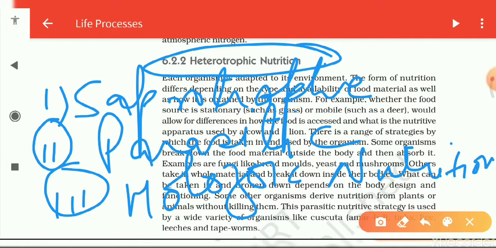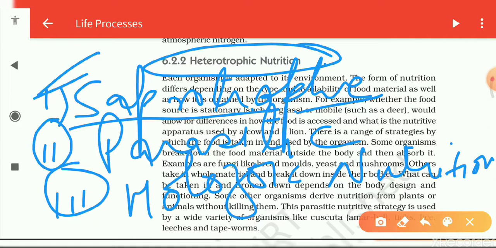explain it to you point-wise. Now saprotrophic nutrition is that in which organisms feed on other dead and decaying organisms. That is called saprotroph. An example is also given here, like mold, yeast and mushroom.